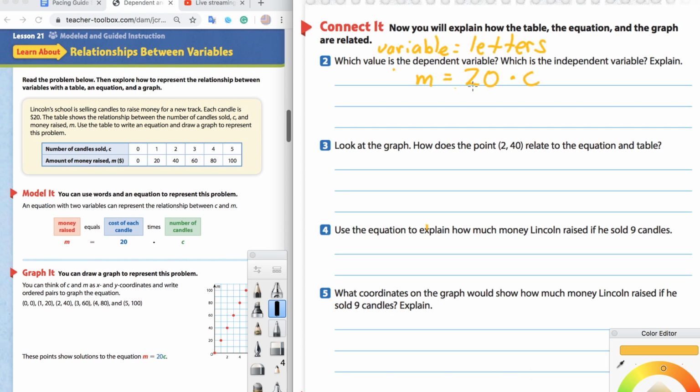So right here, our letters are C and M. Which one would be our dependent variable? It depends on the other numbers. M is the dependent variable, and C is the independent variable.